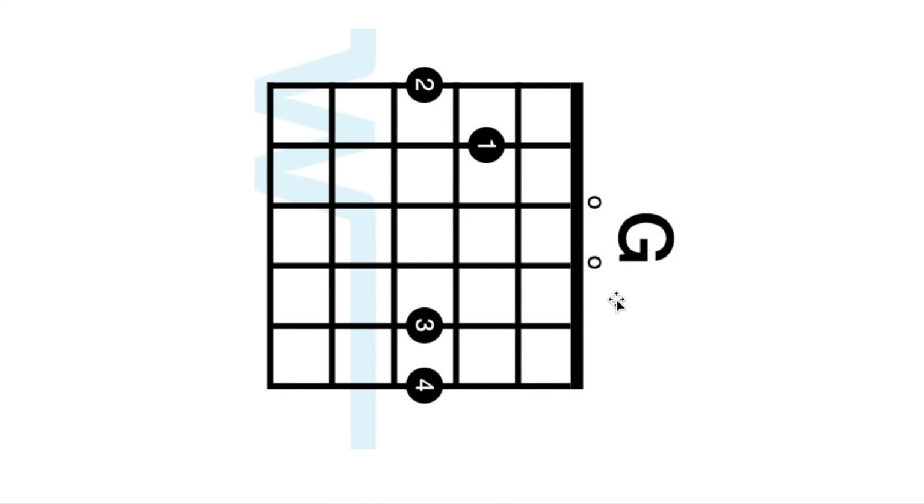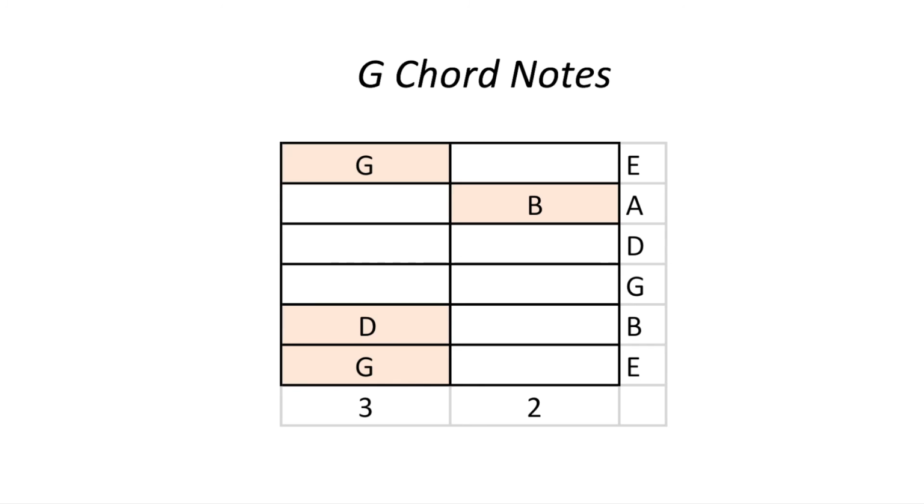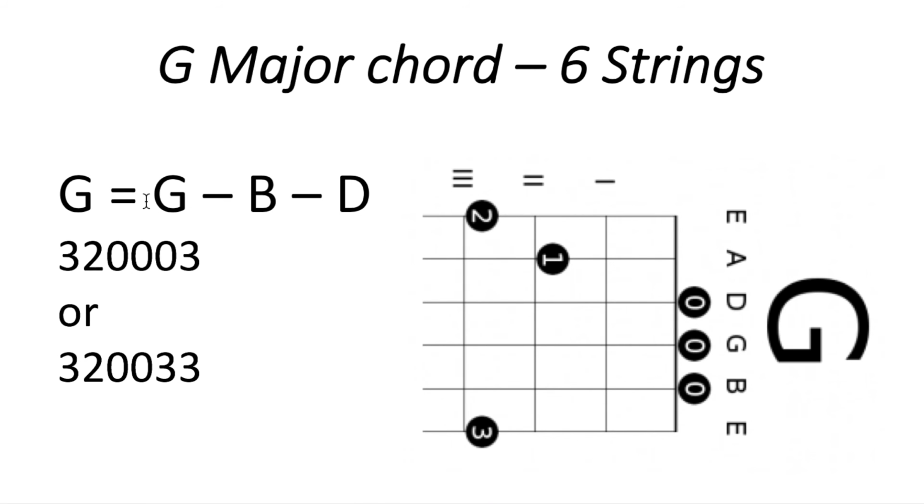If you're playing this as an open position, we all know E, A, D, G, B, so it would be B. We already have B here, right? So if you put your finger here, it would become D. D is also part of G, B, D. That's why it really doesn't matter whether you place your finger there or not.